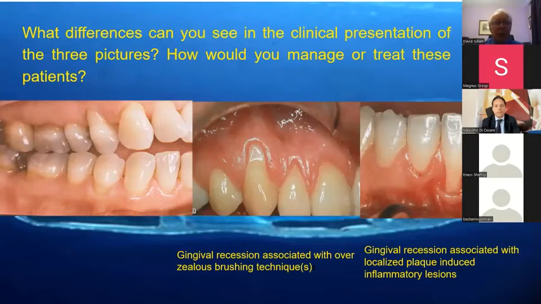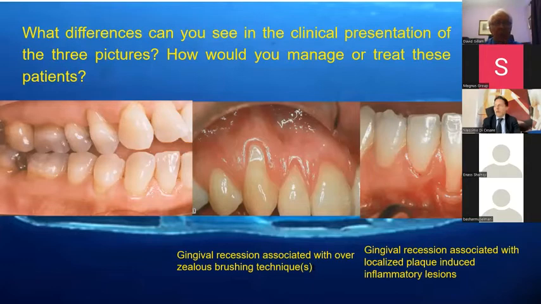So here we have three presentations. As you look at the screen, they look similar, but they're caused by different phenomena. The first slide is caused by the clinician. This is a result of surgery following successful oral hygiene therapy, non-surgical, and subsequent surgical treatment.